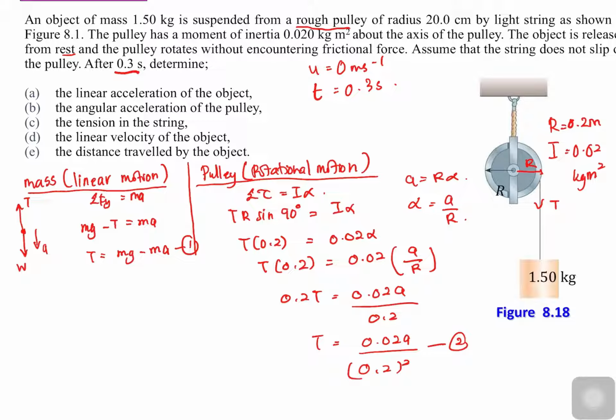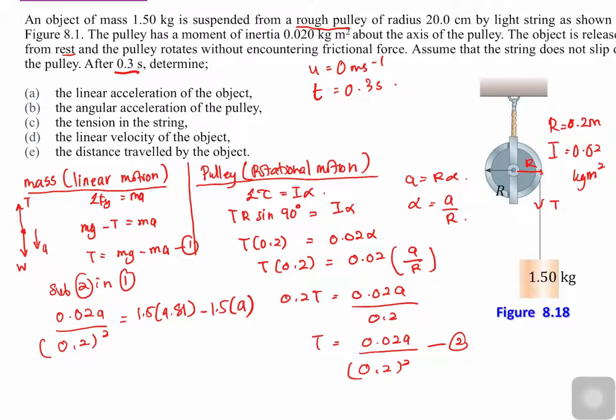Then I sub 2 in 1. Okay, sub 2 in 1. So my T, 0.02 a divided by 0.2 square, equals M, the suspended mass, 1.5 times 9.81, minus 1.5 times a.